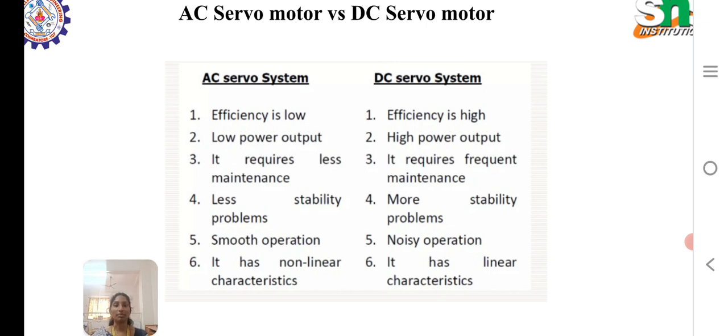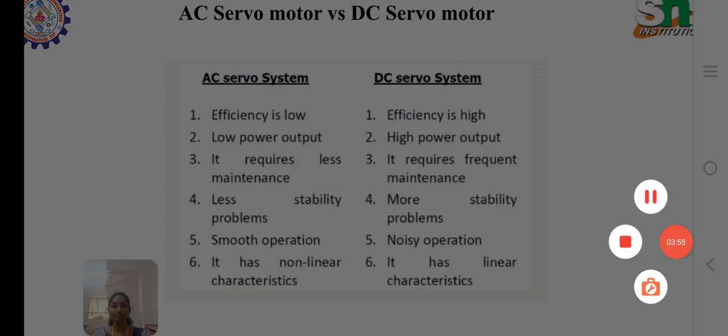AC servo has fewer stability problems, but the DC servo system has more stability problems. AC servo has smooth operation, but DC has noisy operation. AC servo has non-linear characteristics, whereas DC servo has linear characteristics. So this is the basic difference between AC servo motor and DC servo motor.